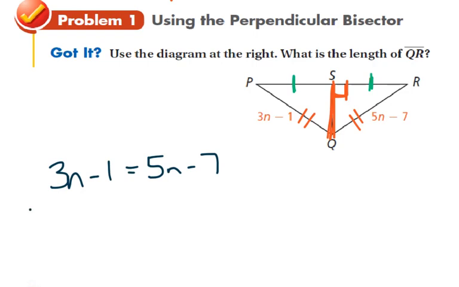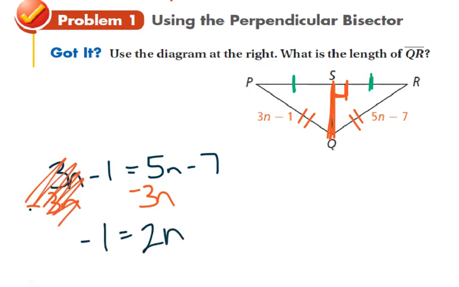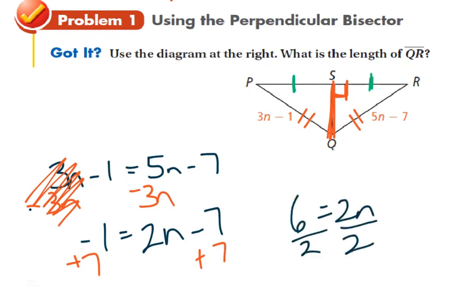I'm going to subtract the 3n from both sides. And these go away, and I get -1 equals 2n minus 7. Then I'm going to add 7, and I'm going to run out of room. And I'm going to get 6 equals 2n, which would mean that n is 3. Okay, but they didn't ask us for n.